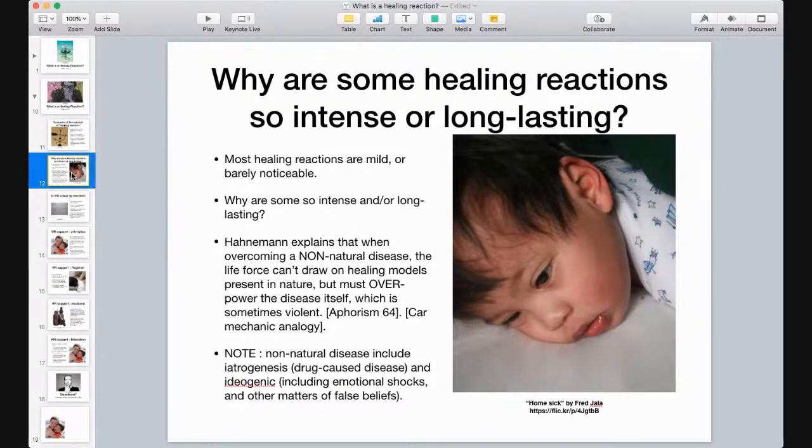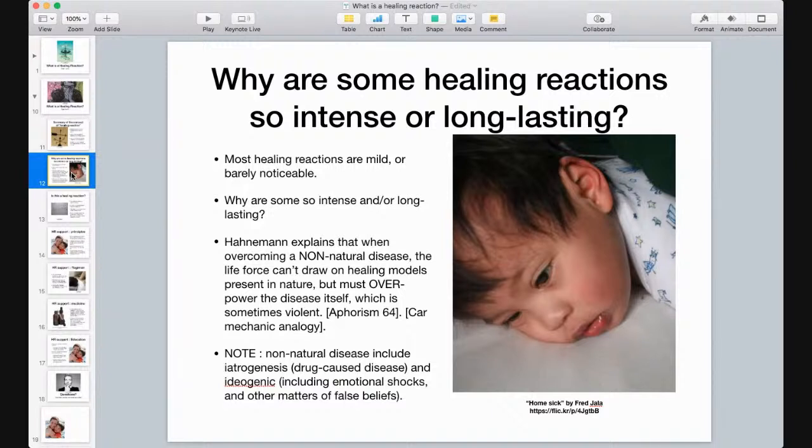But when it comes to a non-natural disease, Hahnemann explains this very clearly. When it comes to our innate healing power or our life force, with a non-natural disease, it doesn't have what it can normally draw on, which is the opposite state of the disease from the bookshelf of nature, so to speak. It's trying to pull that opposite state off and use it as part of the healing model, so that the life force has a framework as to what it needs to restore as far as the healing reaction goes.